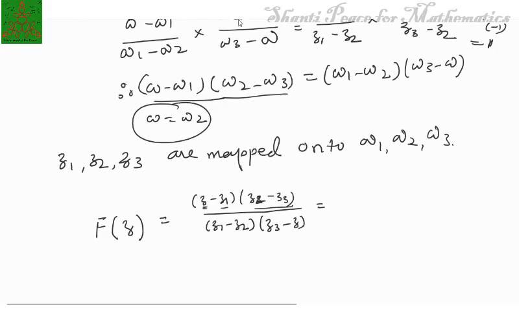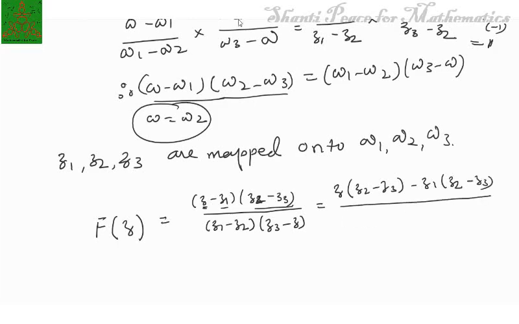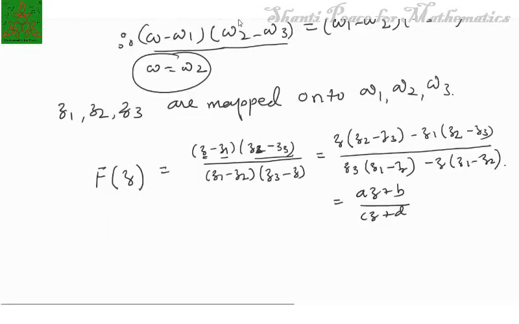So if you just multiply this inside, you will have z into z3 minus z1 into z2 minus z3, and you will have z3 into z1 minus z2 minus z into z1 minus z2. These are the things we have. So you just observe that this is of the form az plus b upon cz plus d. So it has to be ad minus bc not equal to 0.